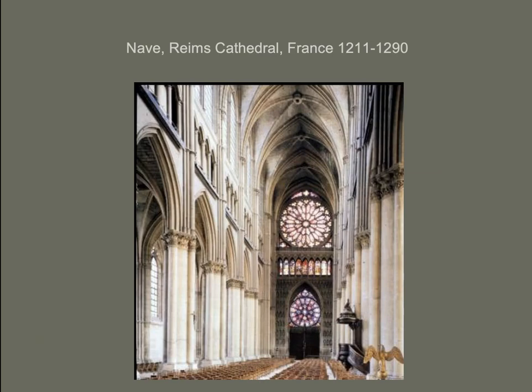So let's look at a building that uses these pointed arches and vaults. This is Reims Cathedral, and you can see how much lighter and more open this feels. You can see the great big stained glass windows, and then windows along the side and up at the top here. You can see the pointed arch and how it continues into space.